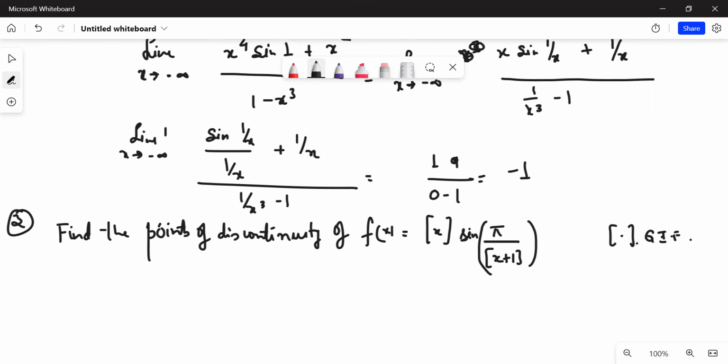So you have to find the points of discontinuity of f(x), which is equal to greatest integer of x, into sine pi divided by greatest integer of x plus 1. So we have to find the points of discontinuity.